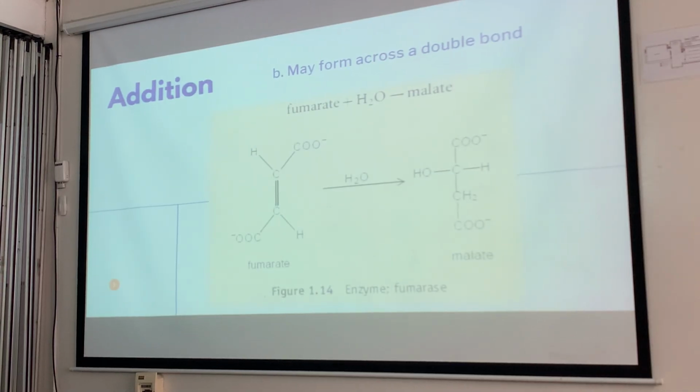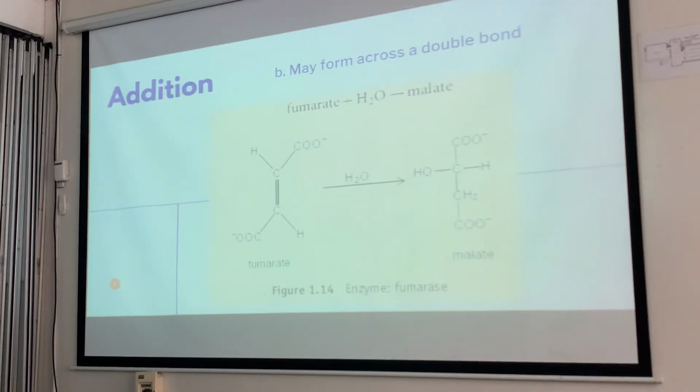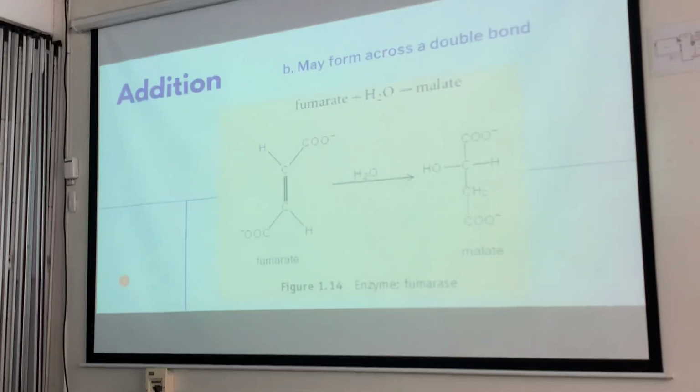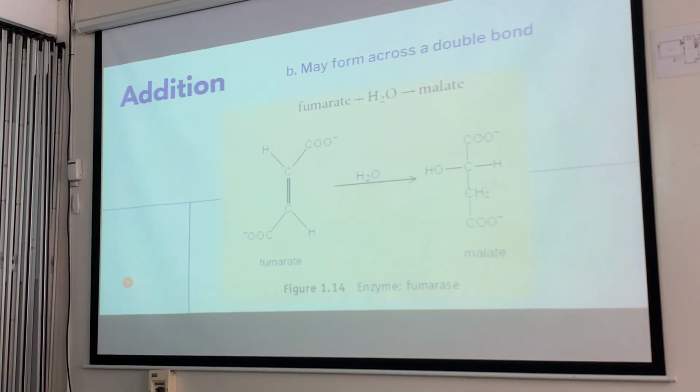Addition can also form through a double bond. This time we need water. Fumarase adds water to fumarate and it becomes malate. This is a substrate to regenerate oxaloacetate, with the formation of the third NADH in the cycle for acetyl coenzyme A. When you go to your PCA, you will understand these reactions happening.